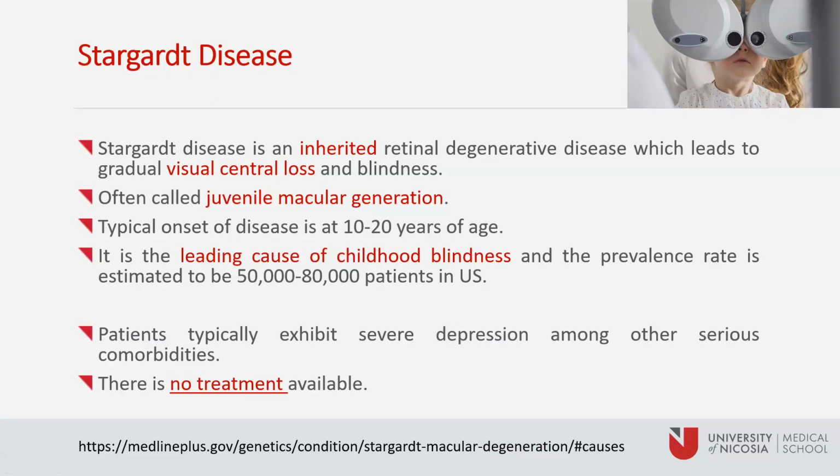So you can imagine that young individuals with such a condition might exhibit severe depression, along with other serious comorbidities. So it can have a negative impact on the quality of life of these young patients. And it is essential to note that, again, there is no treatment available for this condition. Although research is being done for some type of gene therapy or some stem cell therapy, still there is no official treatment for this type of condition.